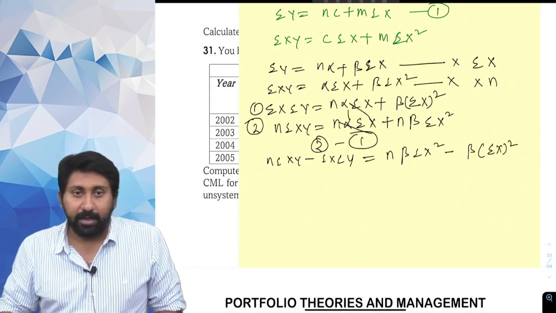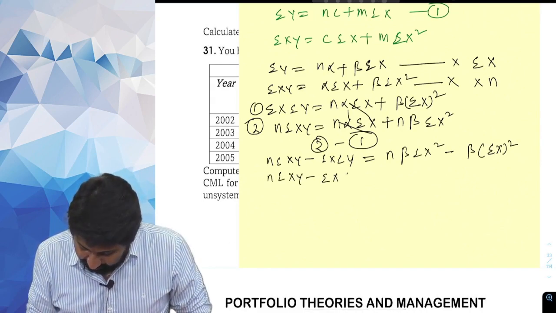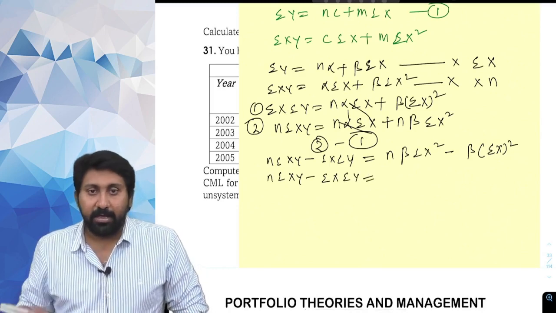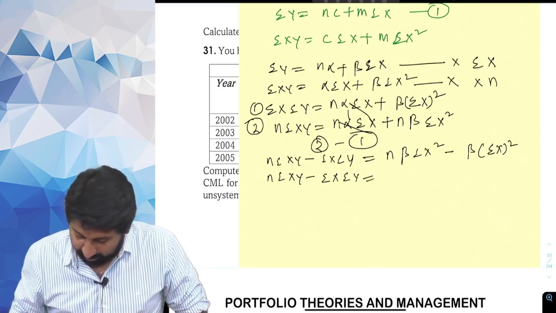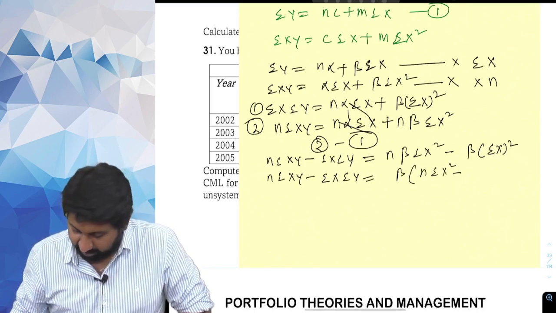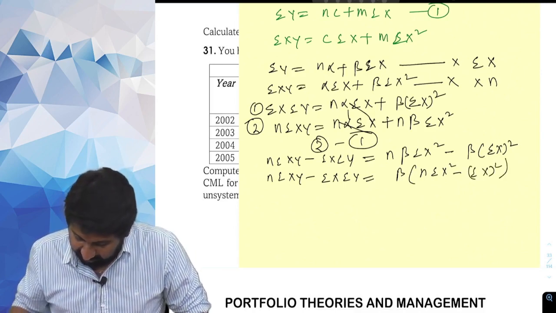Now n sigma xy minus sigma x sigma y equal to beta, which you have to set aside, times n sigma x square minus sigma x the whole square.